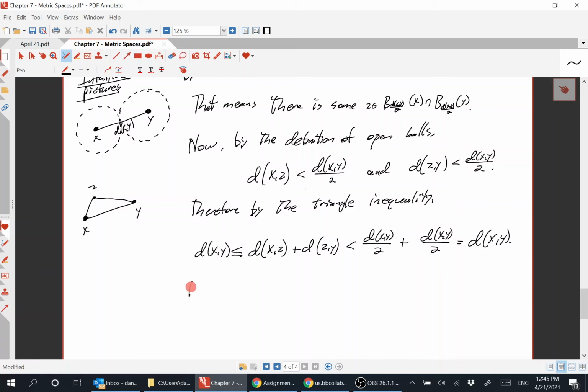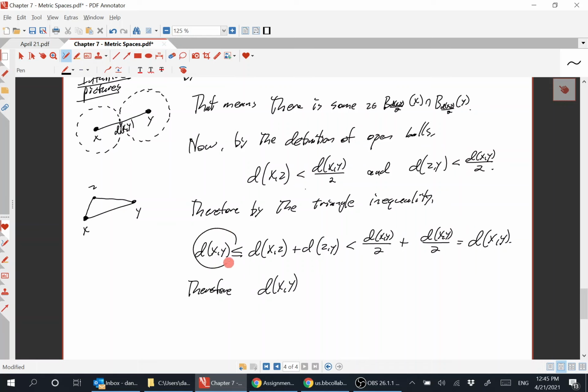Therefore, what does this give us? What does this whole thing give us here? All right, so I'm working with a string of inequalities all pointing to the left.